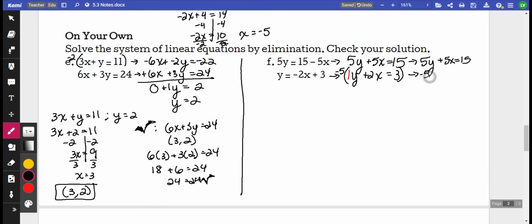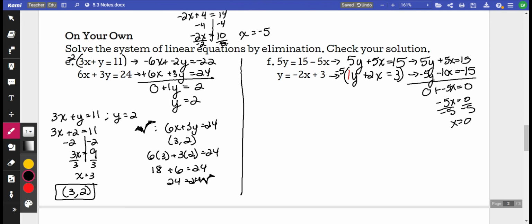Second equation becomes negative 5y minus 10x equals negative 15. So we have 0 plus negative 5x equals 0. Negative 5x equals 0. Divide both sides by negative 5. You get x equals 0.